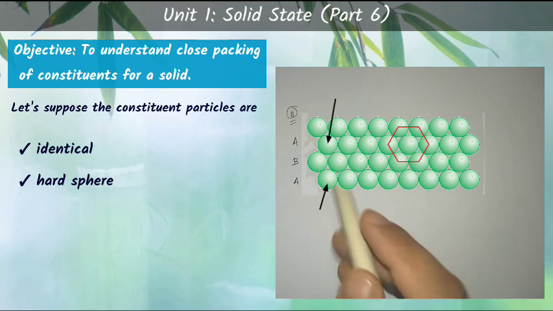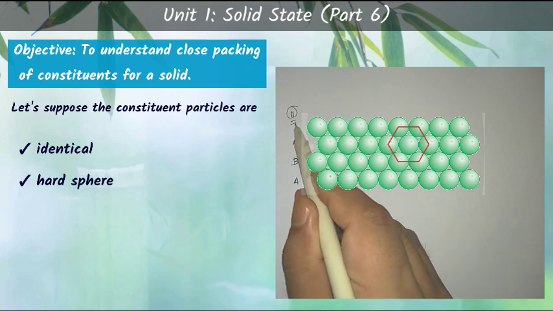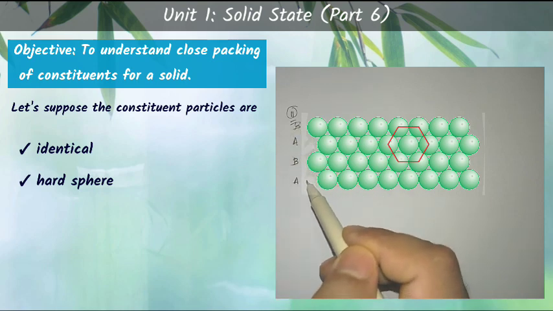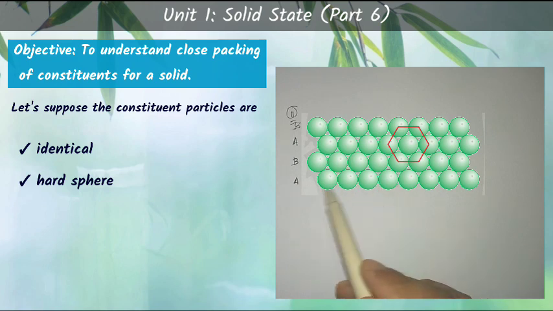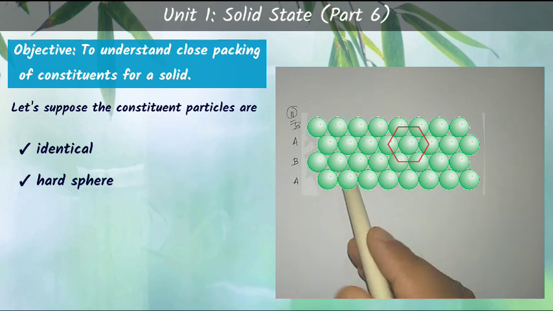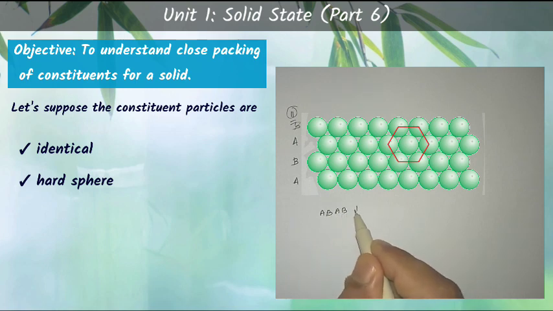Again the fourth row will be B. That means AB. Understand? So this type of packing results in the AB type of arrangement.